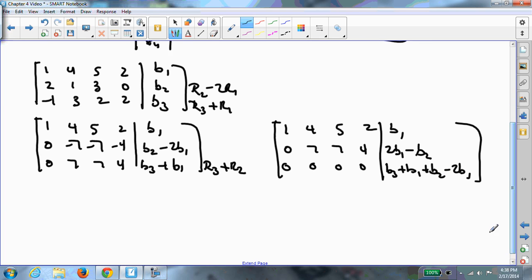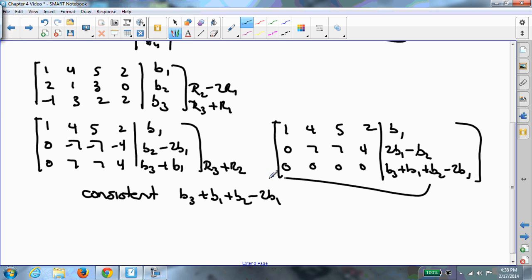Now the whole idea here is I want this to be a consistent system, which means that it has a solution. And if it has a solution, then b3 plus b1 plus b2 minus 2b1, this last component there, has to equal 0. If it equaled anything else, that would mean no solution as a result. So now it means that b3 has to equal, I feel like I did something wrong.